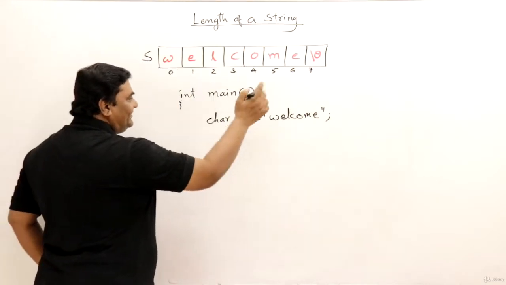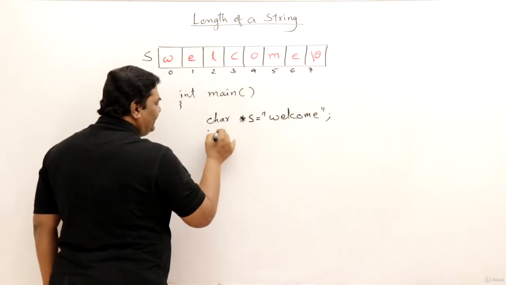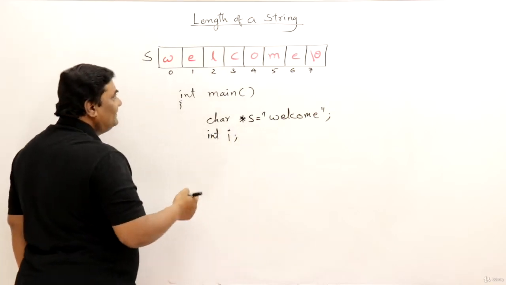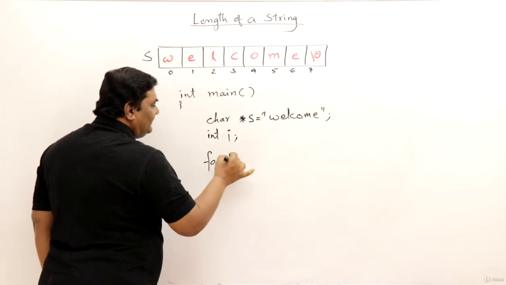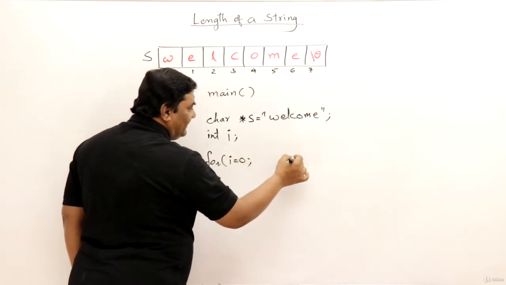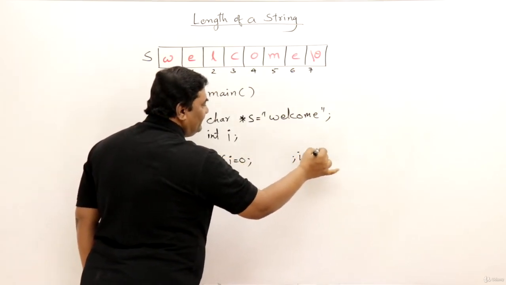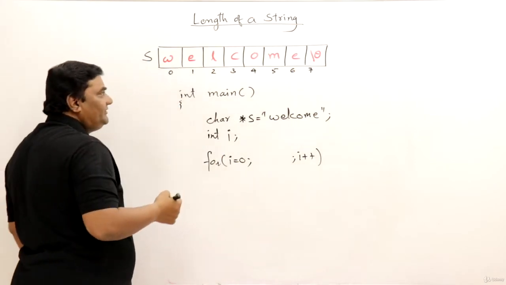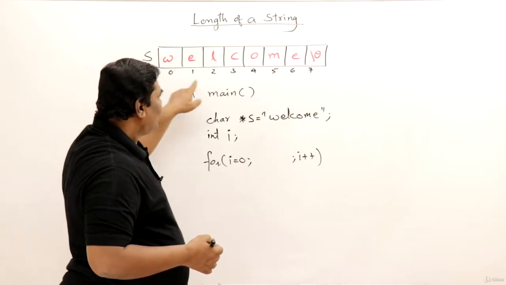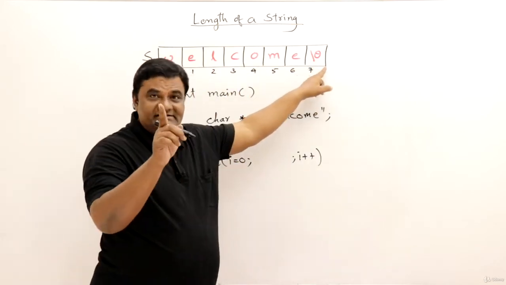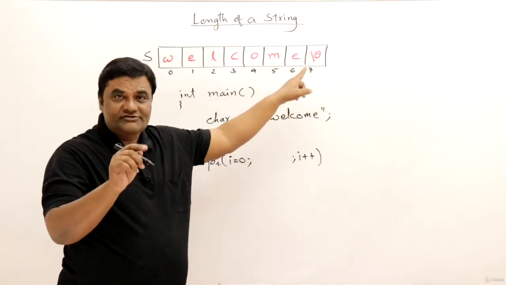Now I have to scan through this. For that I need a variable i. Then using a for loop I can scan through this. So for i assigned 0, and every time i plus plus. But how long should I continue? When should I stop? When s of i is \0, that is the null character, I should stop.